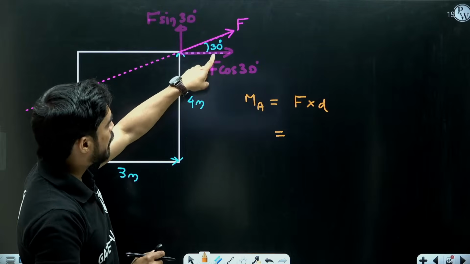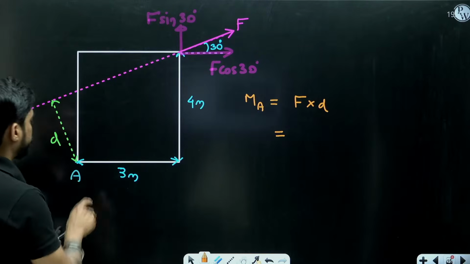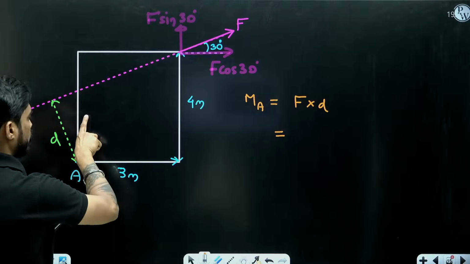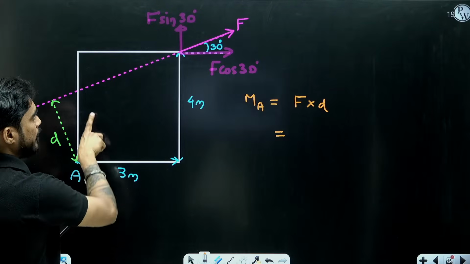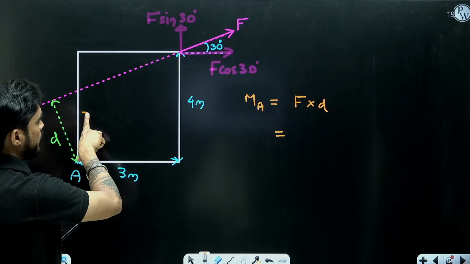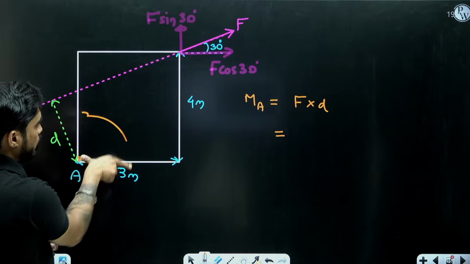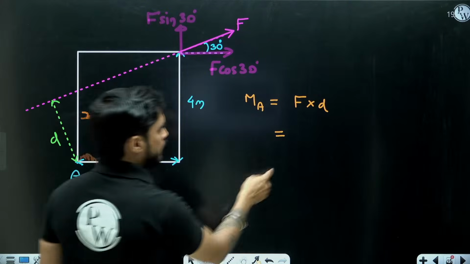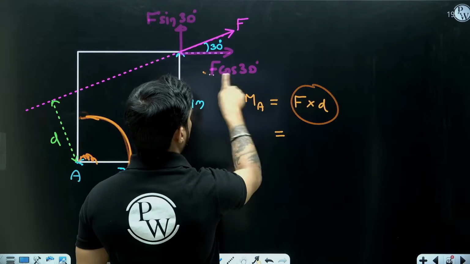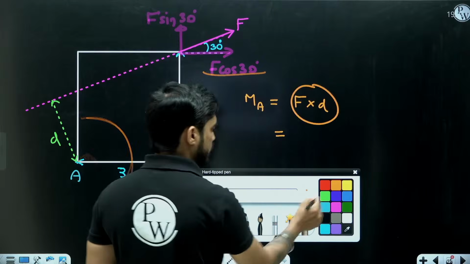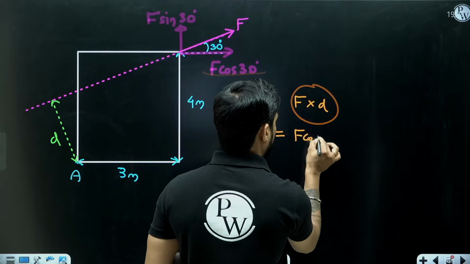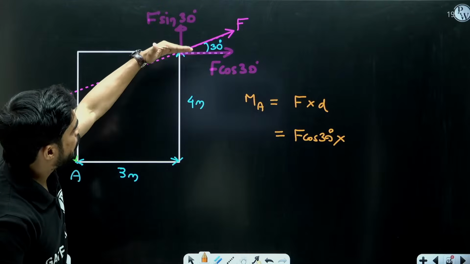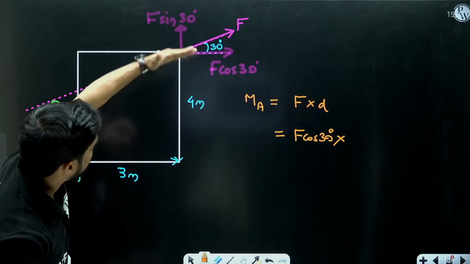Now F cos 30: put the thumb at point A, show the finger towards F cos 30, move the finger in the direction of F cos 30. It is applying a clockwise moment, right? So the moment of F cos 30 is also clockwise, so I will take it positive. What will be the moment of F cos 30? F cos 30 multiplied by this distance, 4 meter.